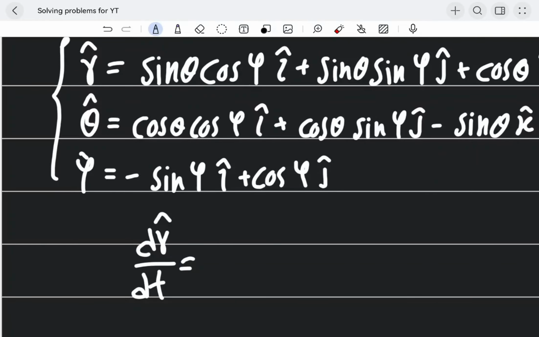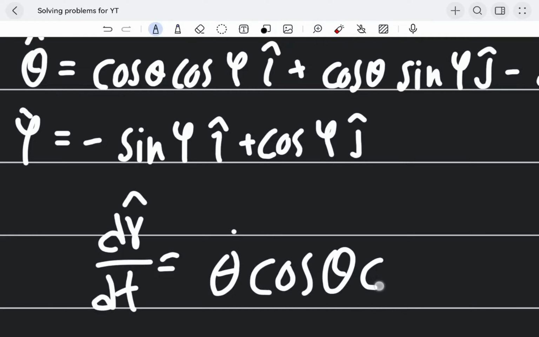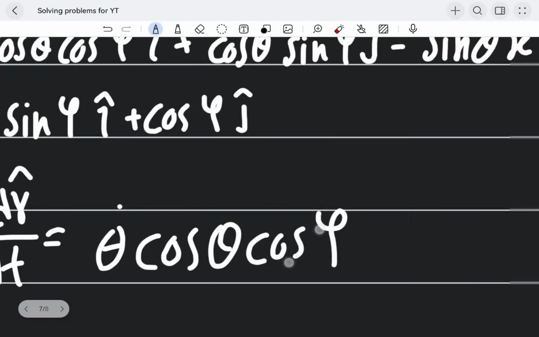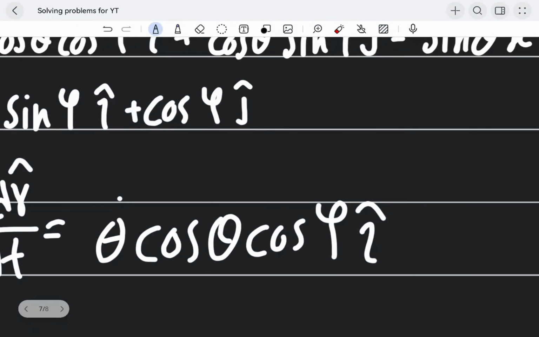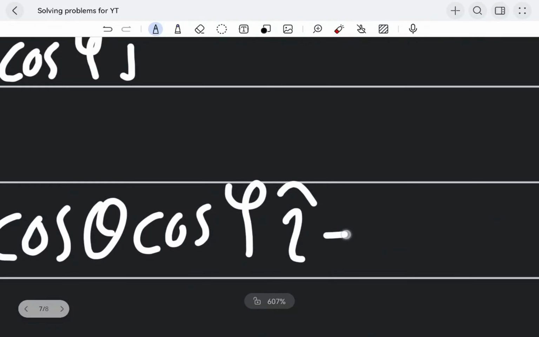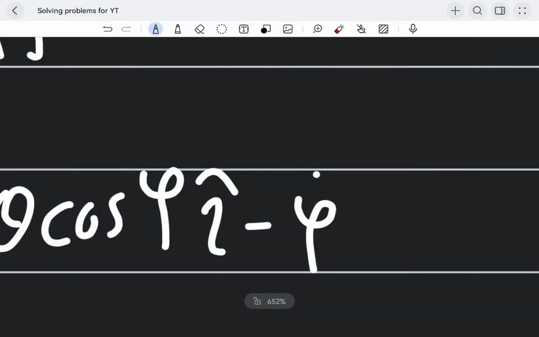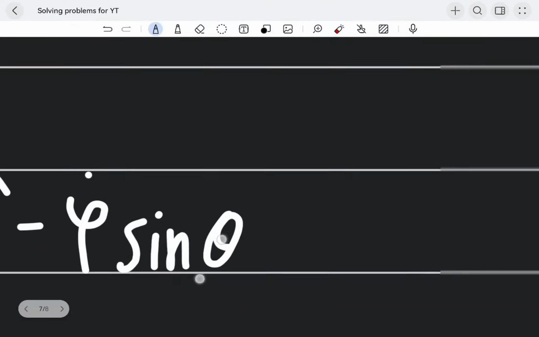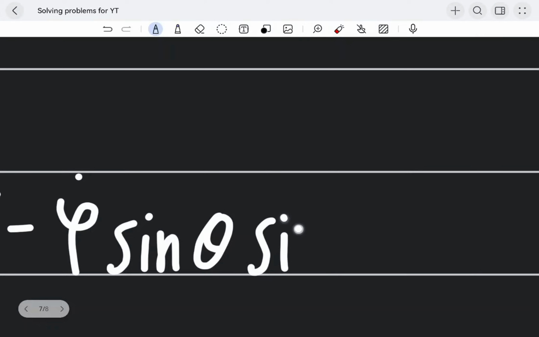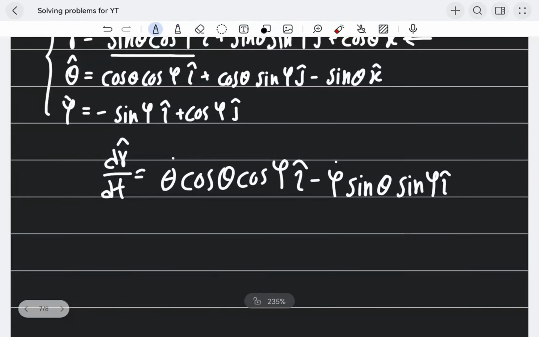When we differentiate this term, we will differentiate sine theta, and this will be theta dot cosine theta cosine phi i hat, and then we differentiate cosine phi, which is minus phi dot, and we will write sine theta times sine phi i hat. So this is for the i component.